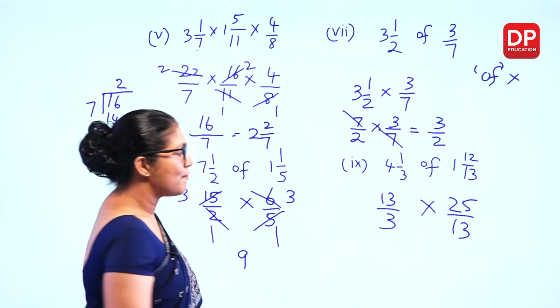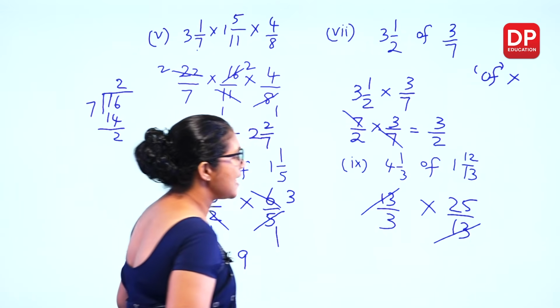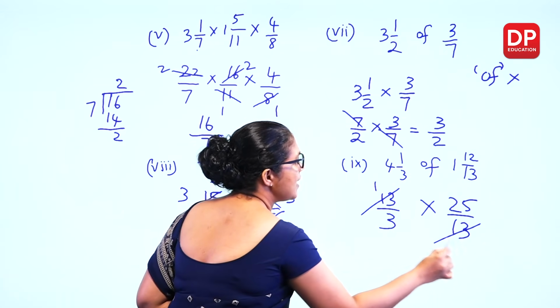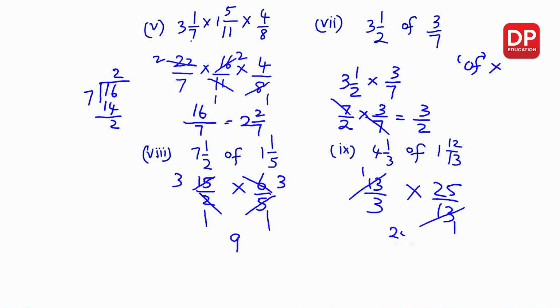Now try to simplify. 13, 13 get cancelled out. What's remaining? 25 over 3. You can write 25 over 3 as a mixed number. Divide by 3. 3 times 8, 24. 1 is remaining. So the answer is 8 whole parts and 1/3 remaining.